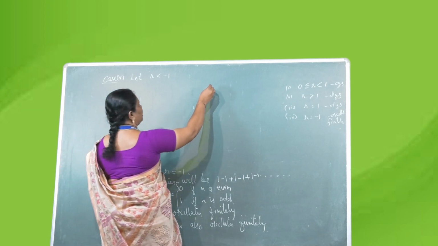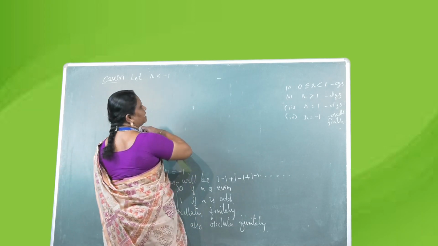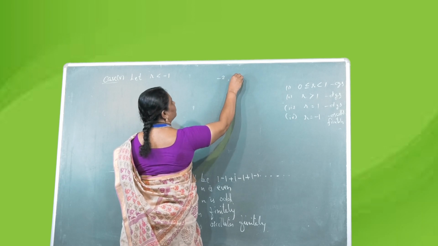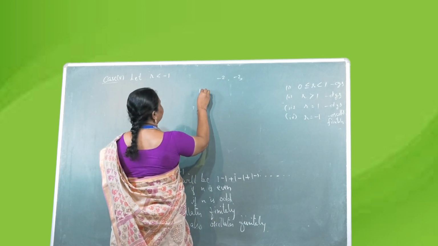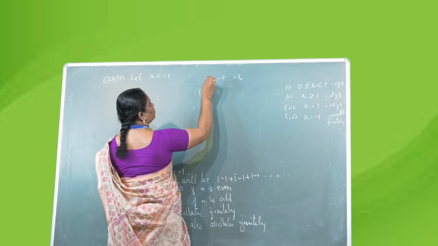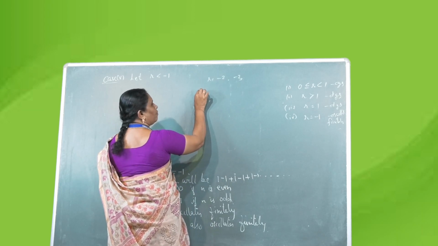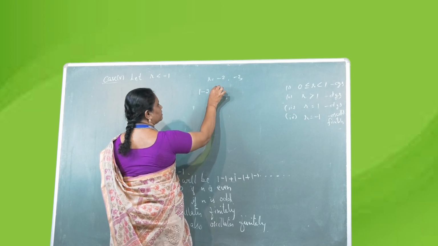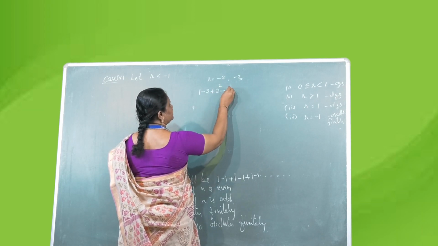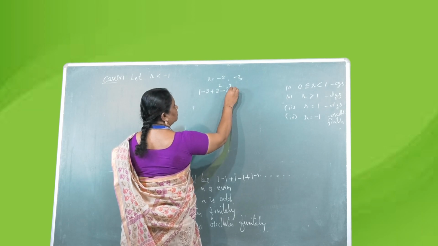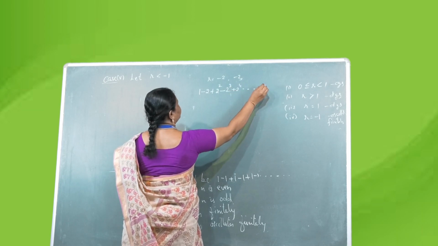Maybe r takes the value less than -1, which means it may be -2 or -3, -4, etc. And the series will be, suppose if r is equal to -2, then the series will be 1 minus 2 plus 2 squared, that means 4, and minus 2 cubed plus 2 to the power 4, etc.